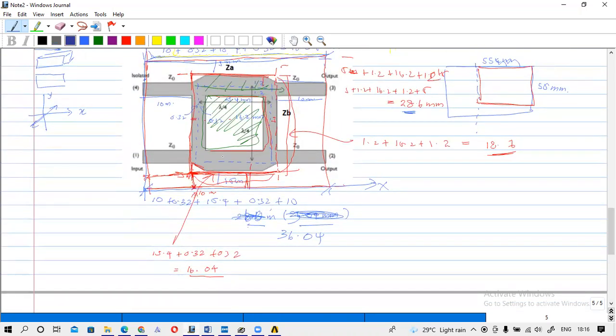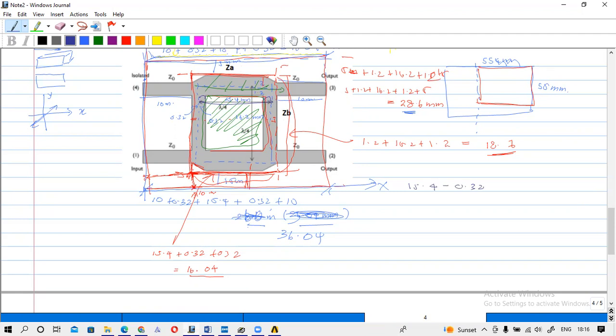You can see that here to here it is 15.4. If you remove this part and this part, that means if you reduce 15.4 by 0.32 minus 0.32, that is the length of this inner rectangle. What is that? You will get 6, 6. You will get another 3.